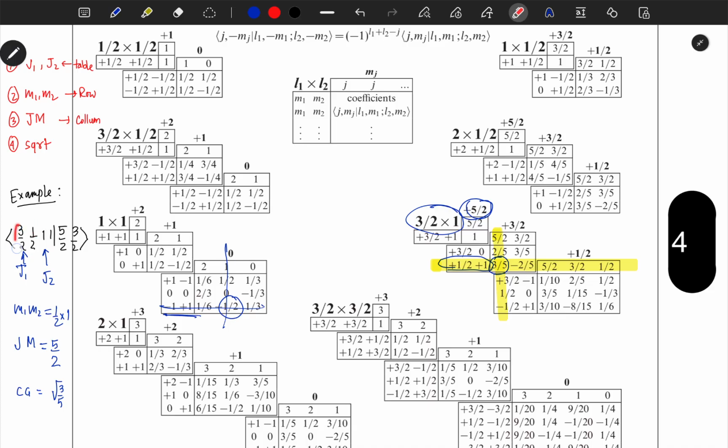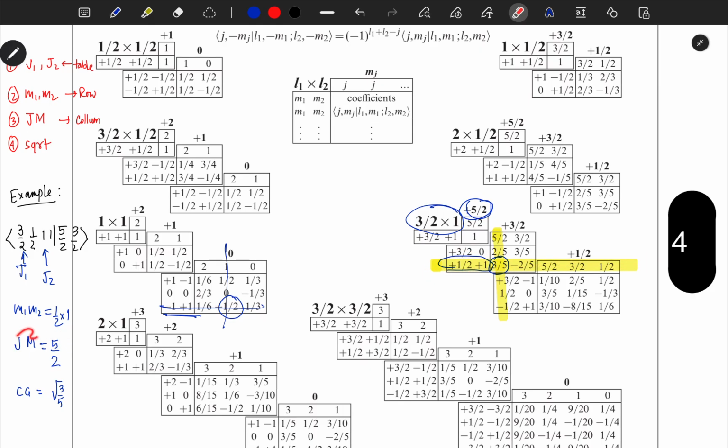So here J1, J2 are 3/2 and 1/2. So we have to search the 3/2 cross 1/2 table. See, this is the 3/2 cross 1/2 table. Now we have to find M1, M2. M1 is 1/2 and M2 is 1. So this is the M1, M2, so we will have to look at this row.